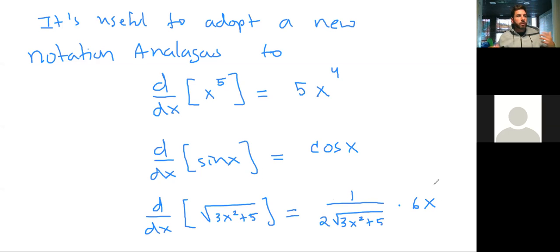So what we'd like to do is adopt new notation. Since there's a connection between integration and antiderivatives, it makes complete sense to somehow let people know there's a connection.